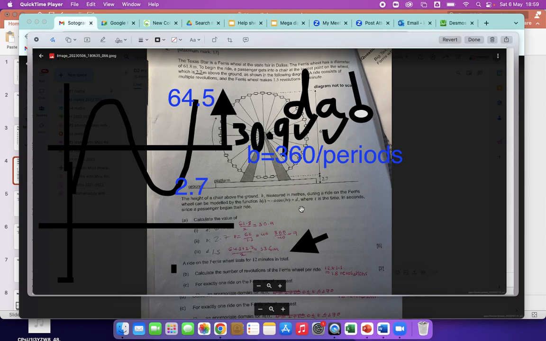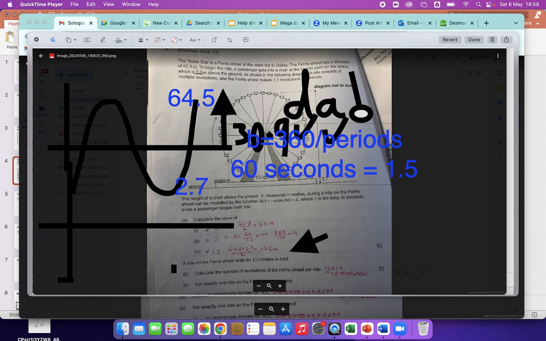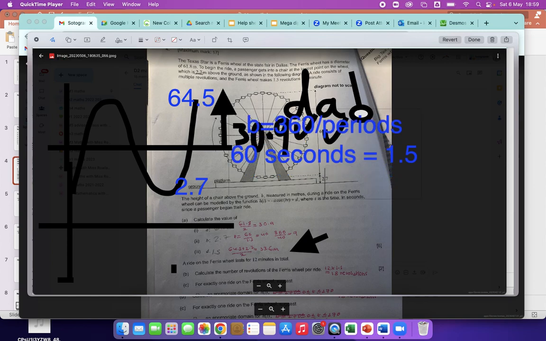Well, in 60 seconds, we're going to have 1.5 revolutions. So then, therefore, in 360 seconds, we are going to have 6 lots of that, which is going to give us 1.5 times 6, which is going to be 9.